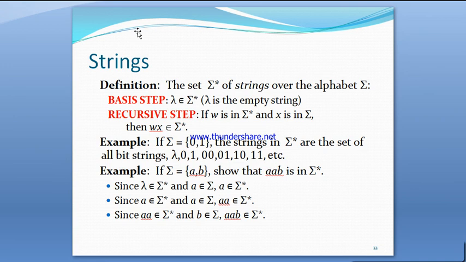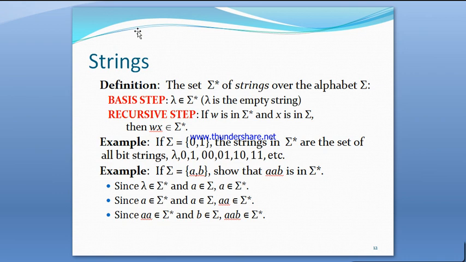Another example, let us suppose sigma is the set {a, b}. To show that aab belongs to the set of strings sigma star. Since lambda belongs to sigma star and a belongs to sigma, we have a belongs to sigma star. This is by the recursive definition of the string.